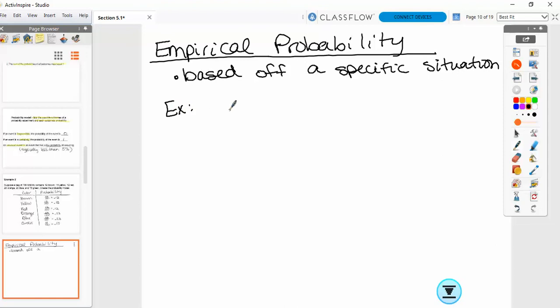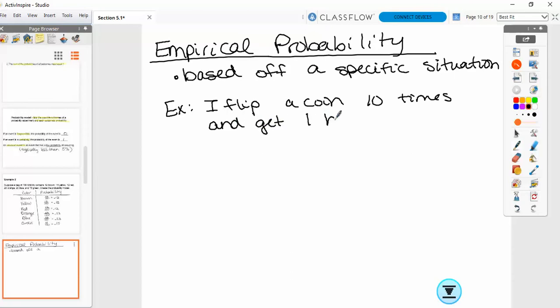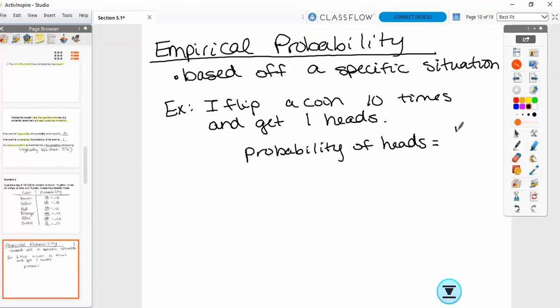So, for example, I flip a coin 10 times and get 1 heads. So the probability of heads would be what? Right, 1/10 or 0.1. It's based off what actually happened.